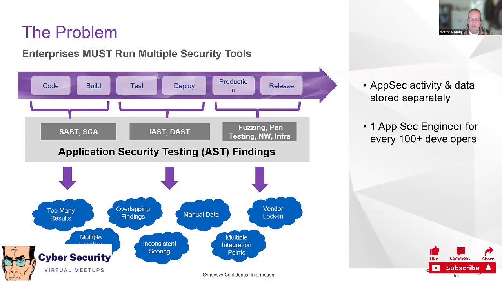They may be the same, or they may be reported by different tools in different ways, all of which are inconsistently scored. You know, a critical issue in one place is a low issue in another. Obviously, the additional requirement to add manual data, and that could be issues which need to be looked at from threat modeling, but also pen test data or individual issues identified that need to be added.